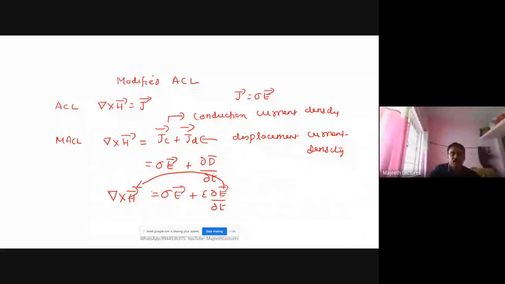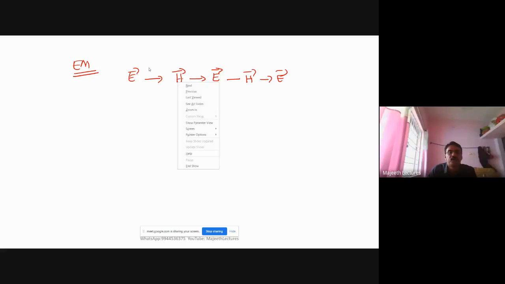So you combine both the equations. As per Faraday's law, change in magnetic field will create change in electric field. As per Maxwell's theorem or modified Ampere's law, change in electric field will create change in magnetic field. E creates H, H creates E. This is what EM wave is. This is the biggest thing, right? So when electric field changes, it will create magnetic field. That's Maxwell's theorem, right?